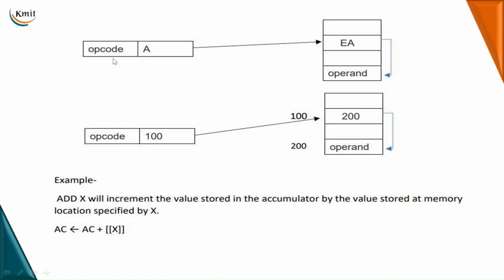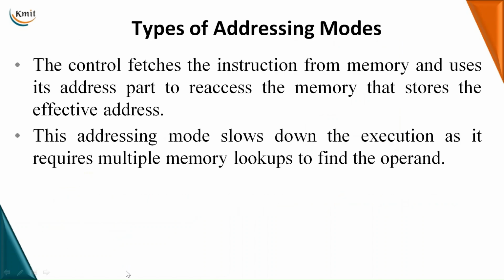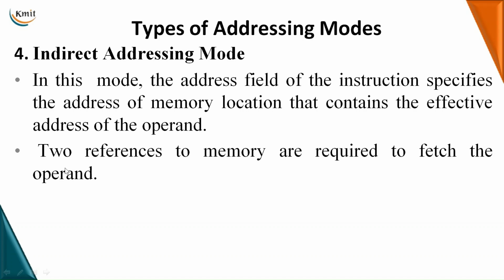Similarly in this example, if you go to the A location, this is where your effective address is stored. If you access that address, you can access your operand. So here you require two references to the memory: one reference to access your effective address, the other to access your actual operand.